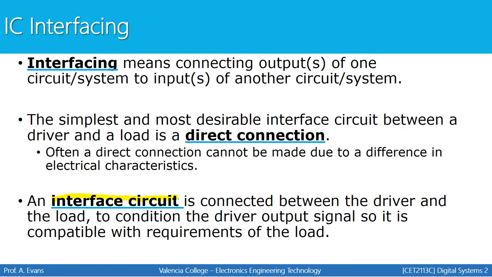An interface circuit is connected between the driver and the load so that the output from the driver is conditioned or changed in some way so that it's compatible with the requirements of the load. And now that we're talking about two families, the TTL family and the CMOS family, we have to really consider if the output of one chip is really going to be compatible as an input to something else. And this is where interfacing comes into play.